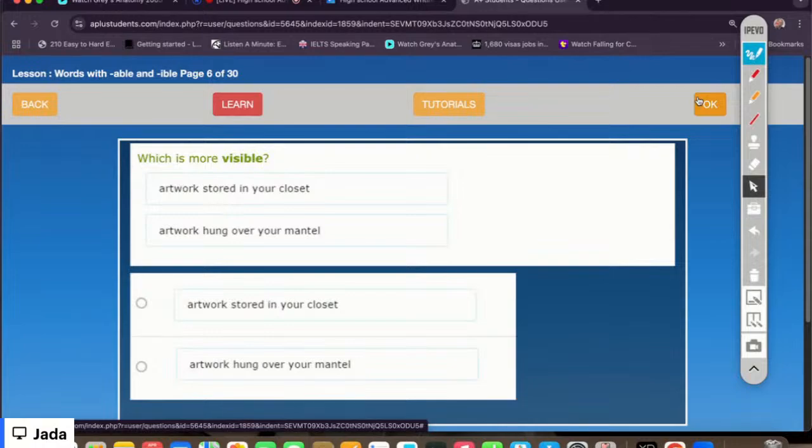All right, so we have, which is visible? Artwork hung over your mantle is visible, not the one stored in your closet.